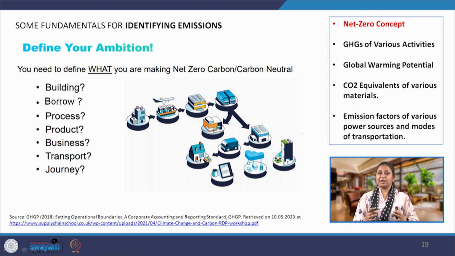So, we can also identify smaller boundaries within the operational or organizational boundary. If a parent company owns some 50 odd different subsidiary companies, we can define that in the first go we are making this particular company X a net zero company, and then go ahead with that.